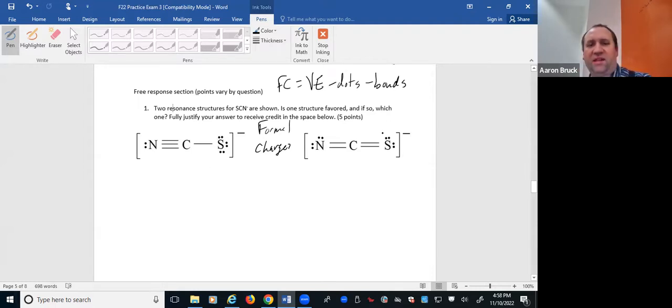So in both cases, the carbon is exactly the same. I've got 4 valence and no dots and 4 bonds. So I've got no charge on either of the carbons. Carbon's not going to be the thing that sets this in one direction or the other. It's going to be the nitrogen and the sulfur.